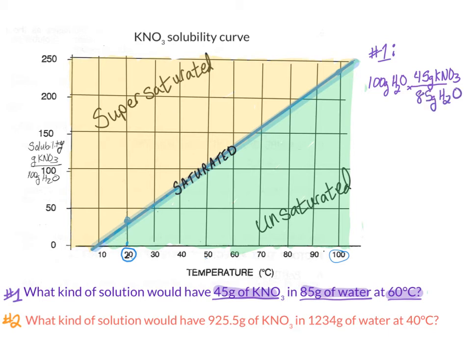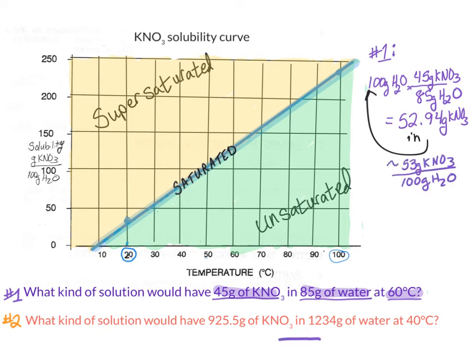And that gives us about 52.94 grams of KNO3 in 100 grams of water. Next, we need to draw that line in, placing it around 53 grams of KNO3 per 100 grams of water. We draw this line, and that shows us where the concentration of this solution is if we had 100 grams of water. So it is still the same ratio, but given that we have 100 grams of water, we can compare it to the solubility curve.